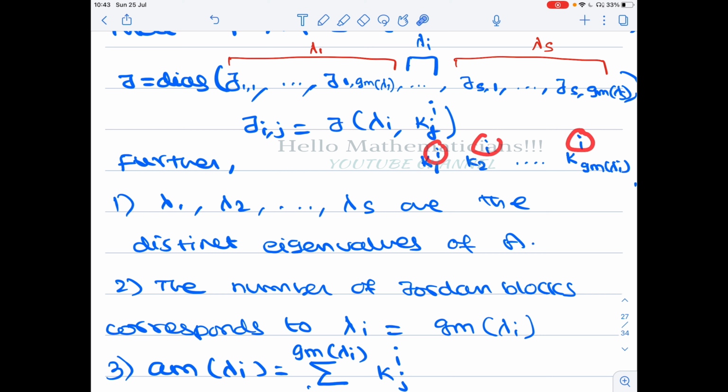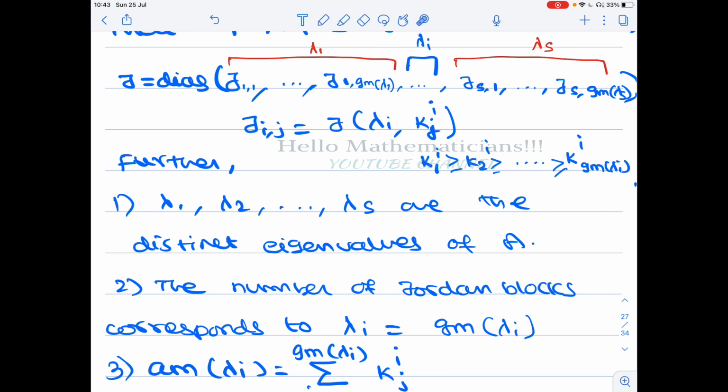These are all the sizes of the blocks corresponding to the eigenvalue lambda i, and we assumed that the sizes of the blocks are decreasing. Therefore these numbers are non-increasing, so they can be equal or decrease. These are all the block sizes.